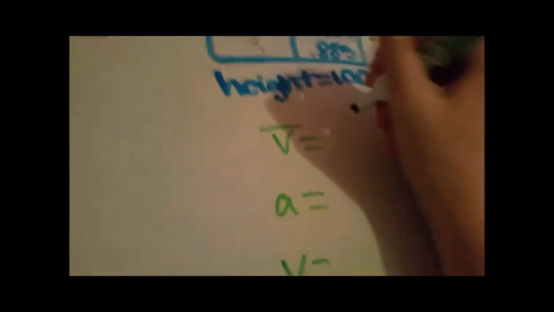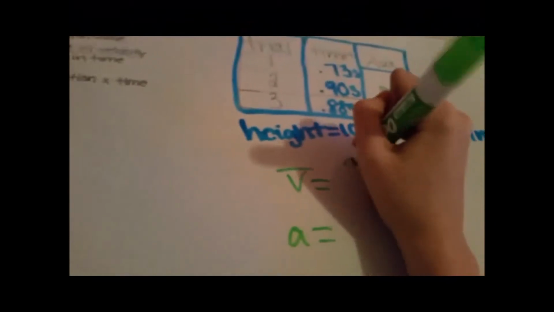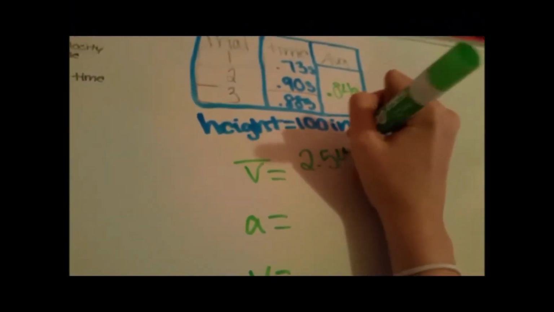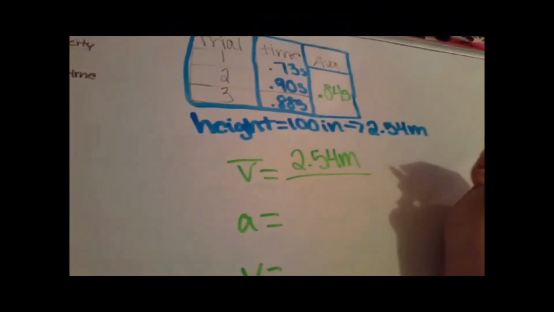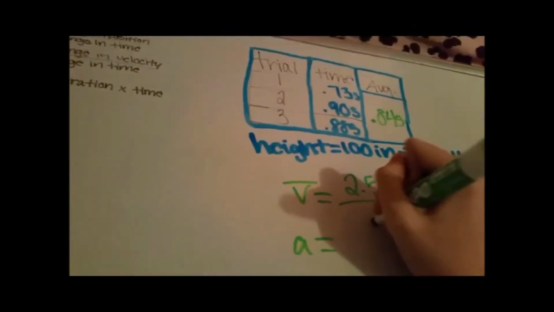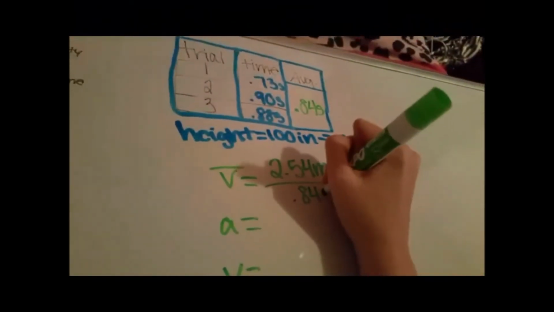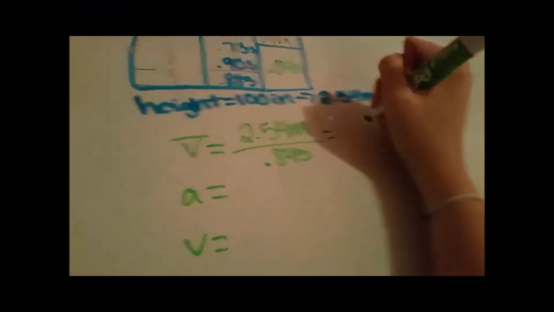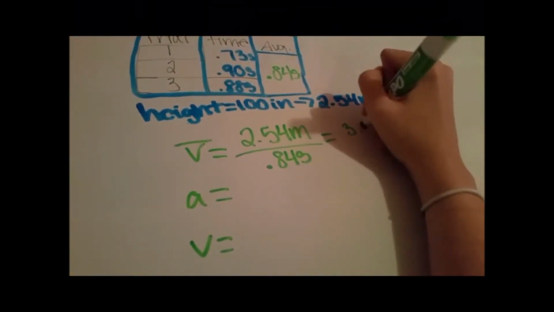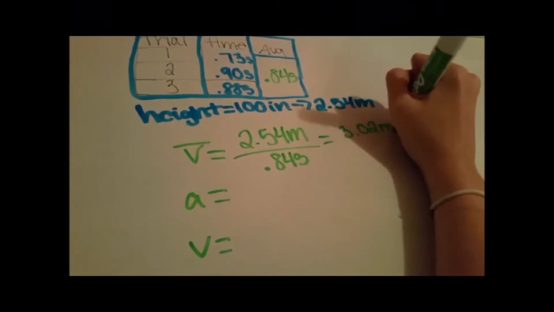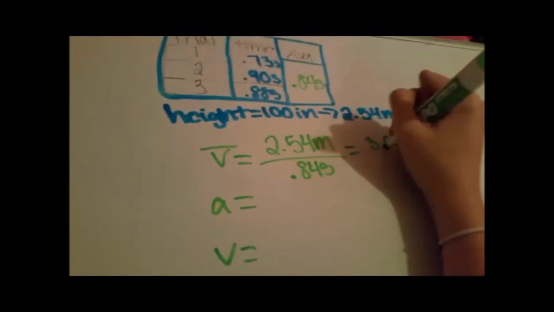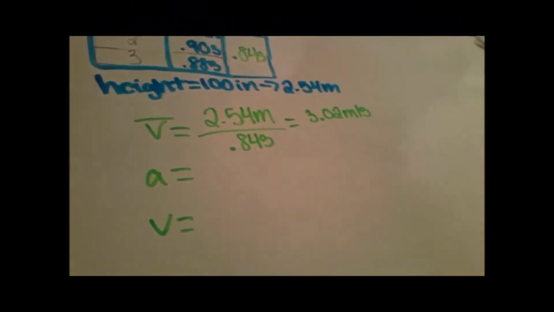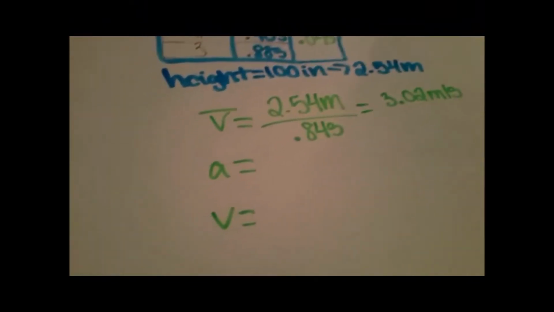So you take the 2.54 meters divided by your average time, 0.84 seconds, and that equals 3.02 meters per second. That's how you figure out the average velocity.